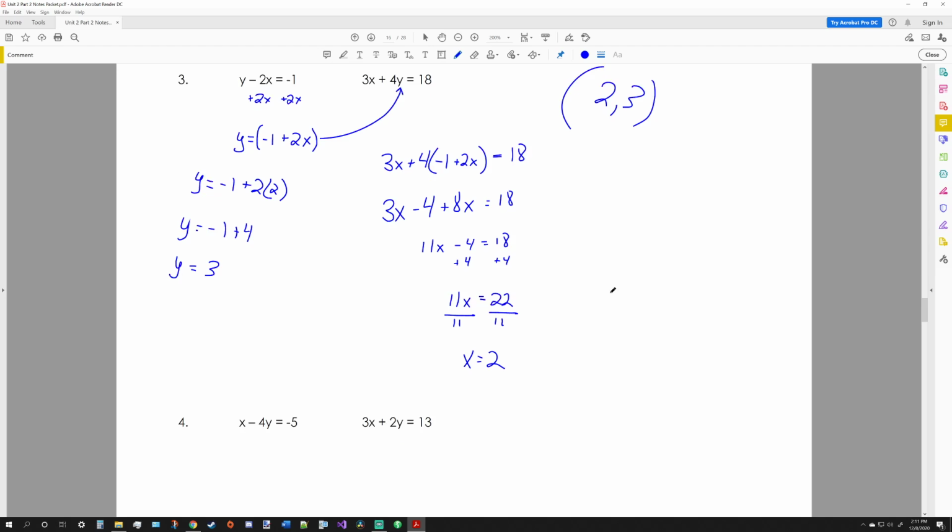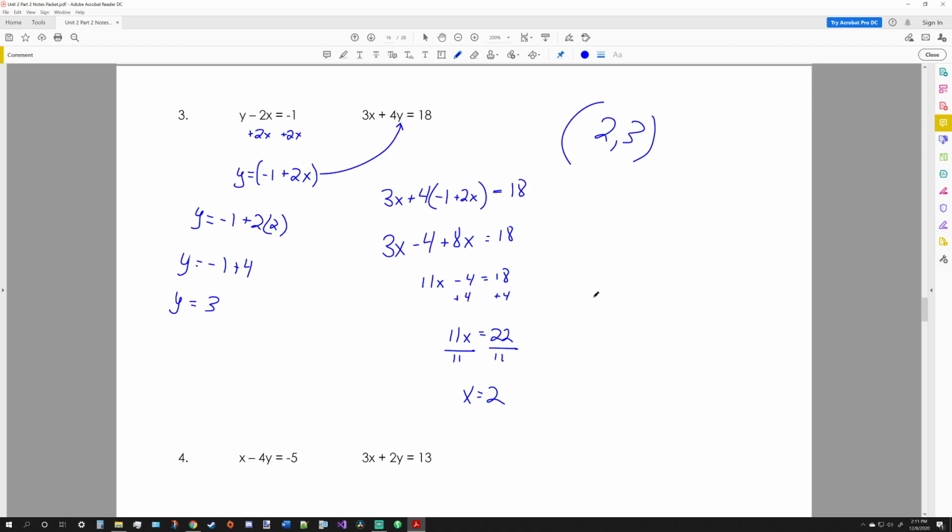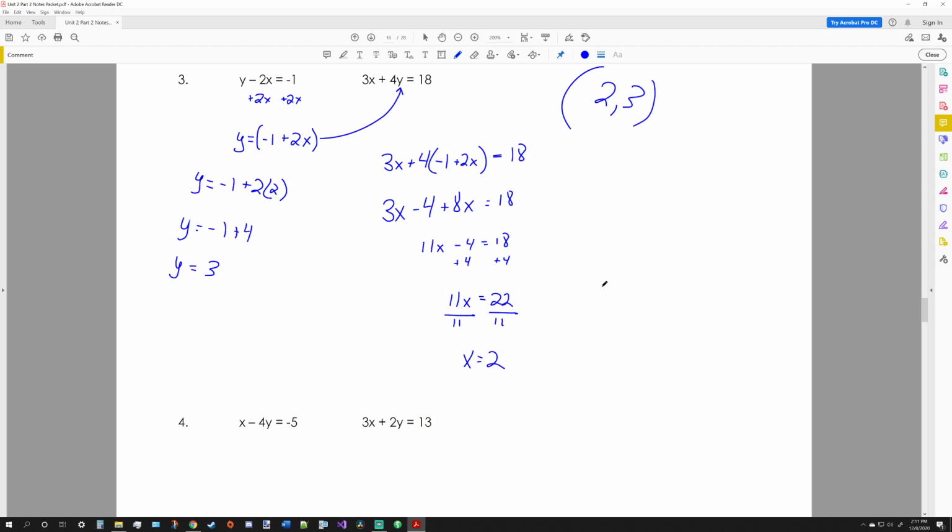The other thing to mention here is that in all 3 examples, I ended up solving for y first and using that to plug in. But you don't have to do that. What you should do is get the easiest variable by itself first.